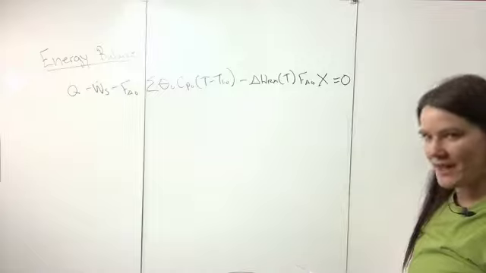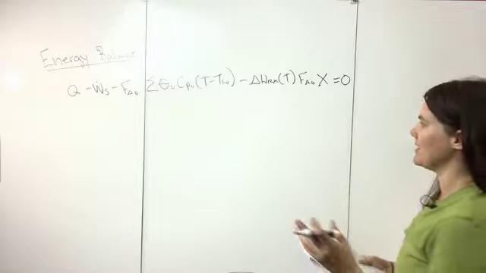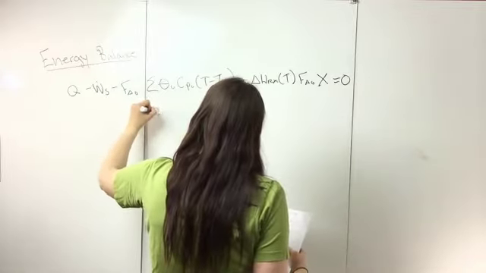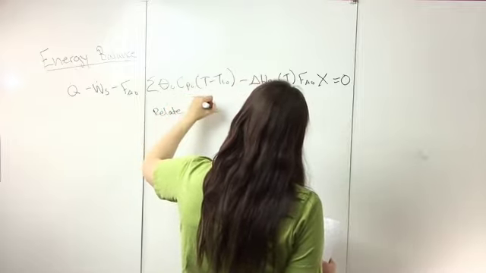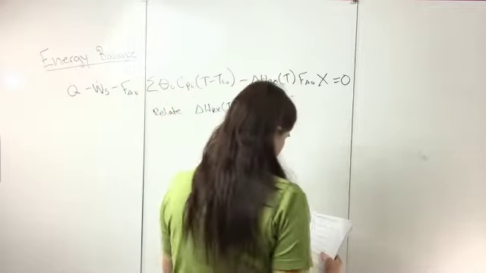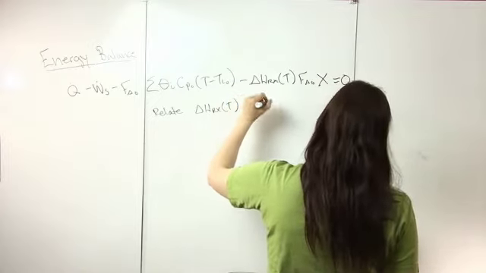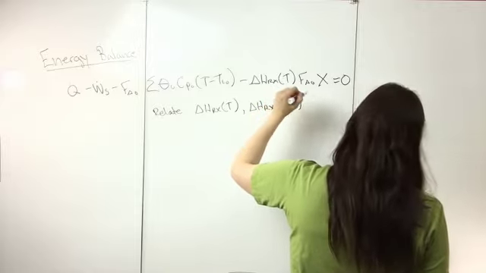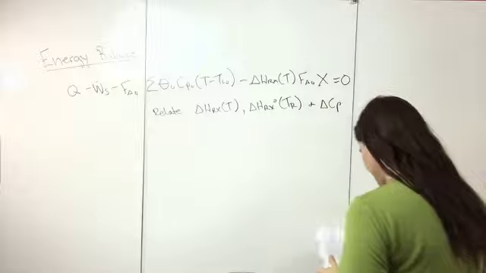I want to come up with a relation for the heat of reaction, so relate the heat of reaction at this temperature and the heat of reaction at some reference temperature, and delta C sub P.